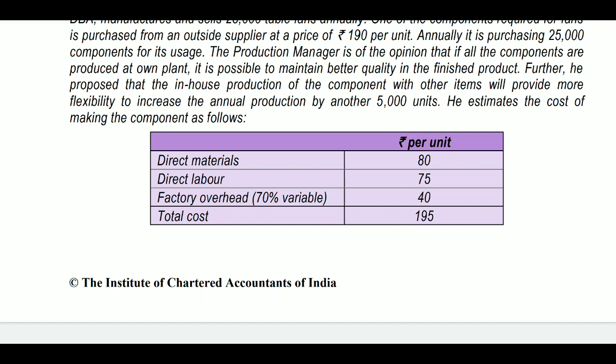Directly from this, we see that manufacturing is the better option. But only seeing the financials, you can't come to the decision.